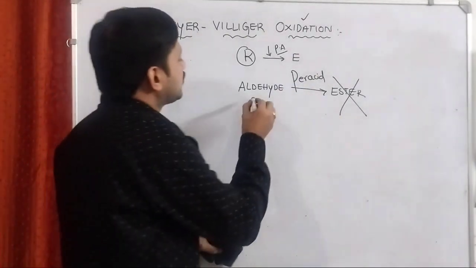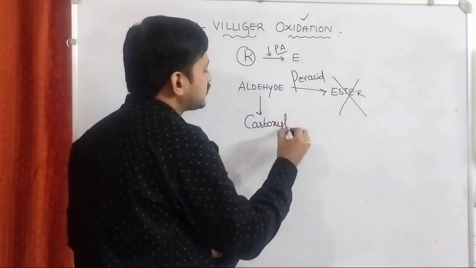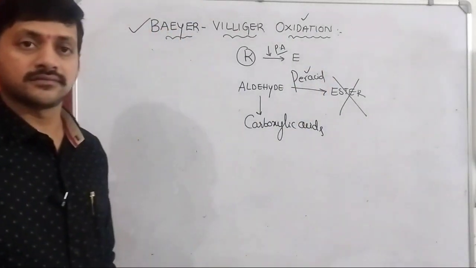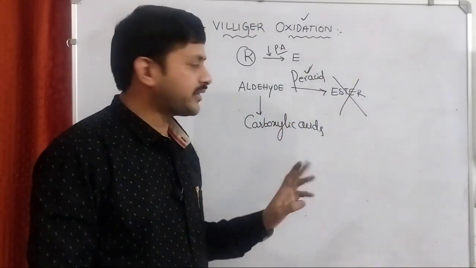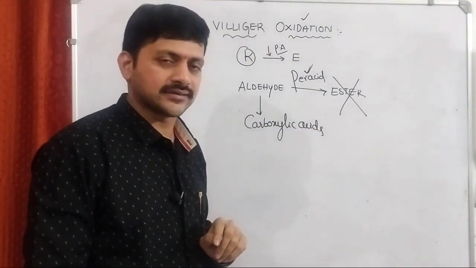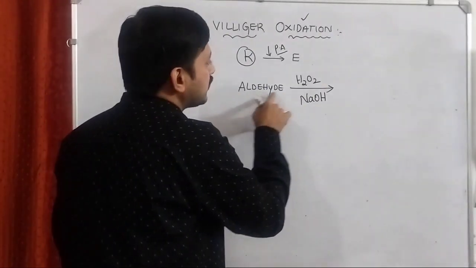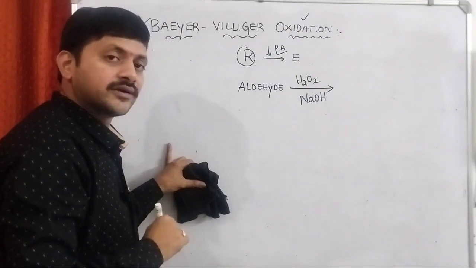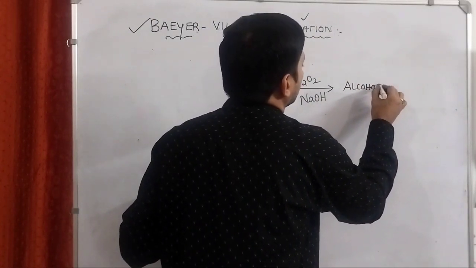Why? Because the aldehydes are oxidized to carboxylic acids by using the peracids. So aldehydes cannot produce esters by using the peracids, because the oxidation takes place. That's why we are observing the carboxylic acids. Suppose you treat the aldehyde with peroxide in presence of base, what people have observed is the corresponding alcohol.